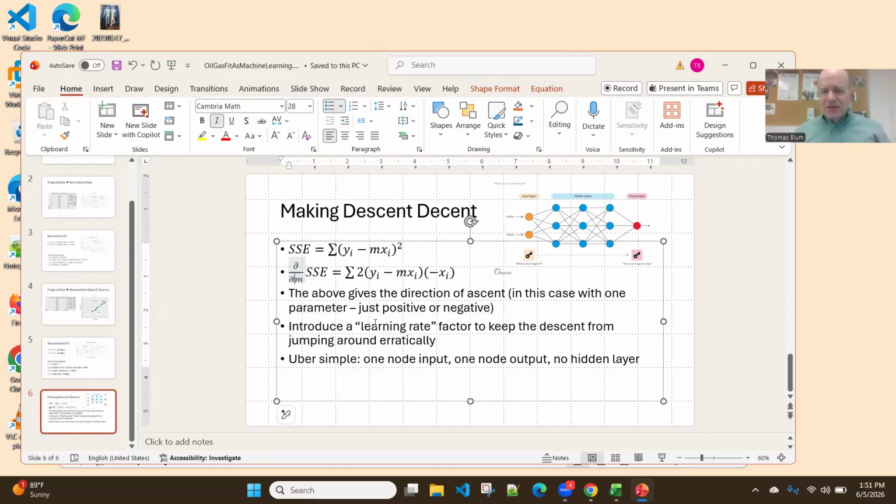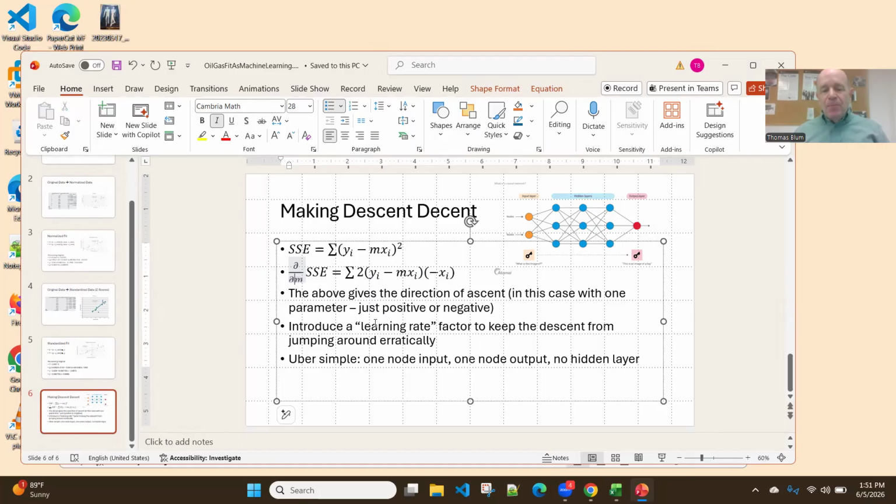So this is giving us the direction, and this is actually the direction of ascent, of going up. When we have multiple parameters, it's more obviously a direction. Here, the direction is just more or less positive or negative. But there's a magnitude and a direction. So is it positive or negative, and how big or small is it?